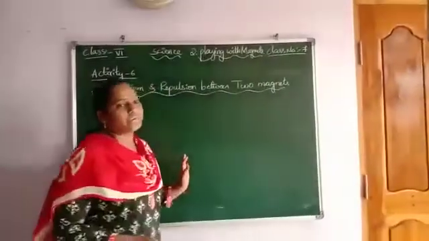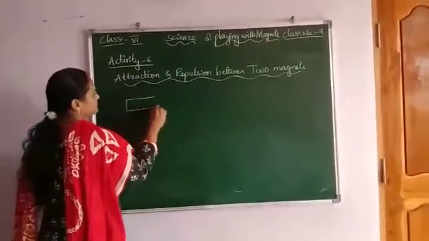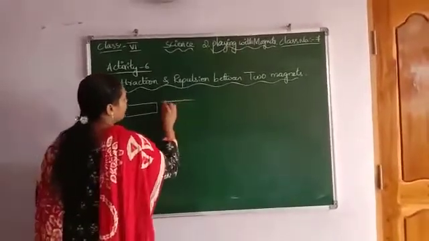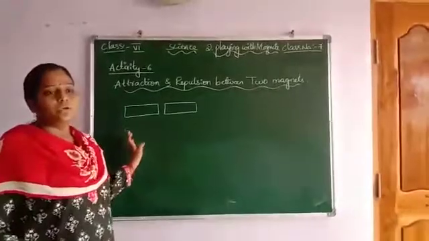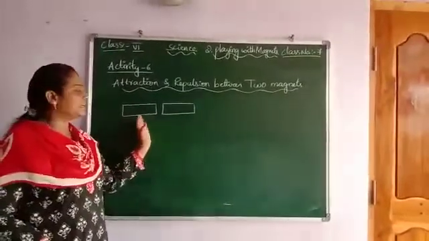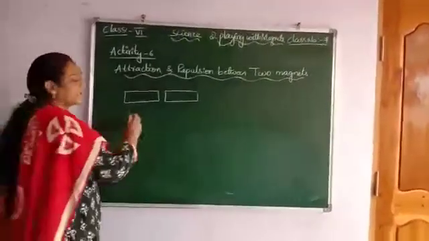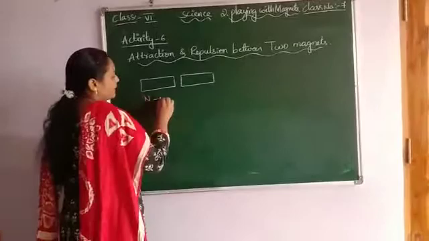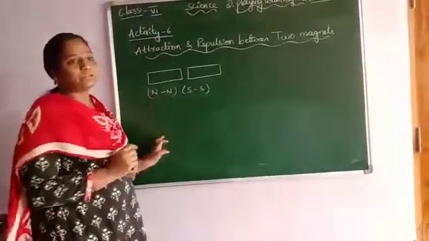Now what we have to do is take two similar magnets and place them beside each other. Now notice that like poles, N with N and S with S, are known as like poles.